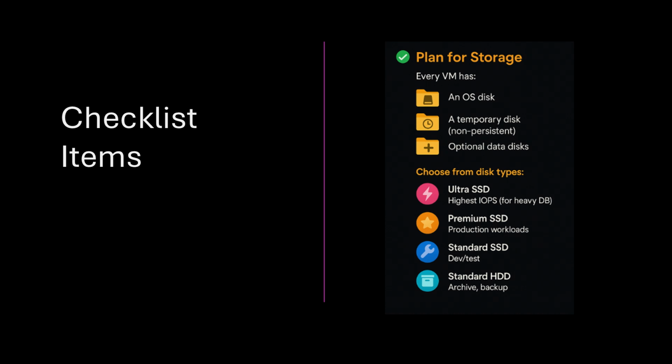For archiving or backups, standard HDD is a budget-friendly choice. Always match your disk selection to the performance demands and financial limits of your project. Separating your app and data disk not only improves manageability but also helps in restoring or scaling workloads more efficiently.